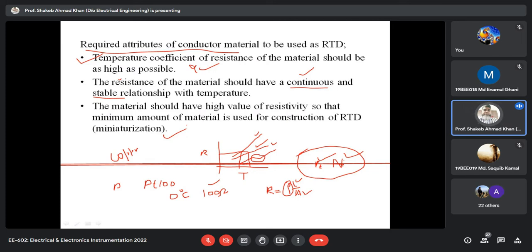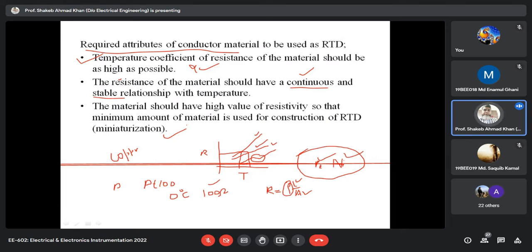So that's why miniaturized probes are preferred. And in many places we want very small size; we don't want bulk sensors of very large size unless there is some application for that. So all these are the attributes that a material should have if we want to use it for making an RTD probe.